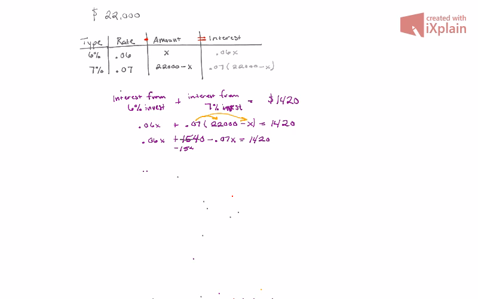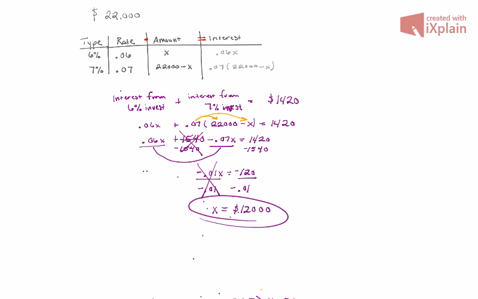Go ahead and subtract 1,540 from both sides. And we can also combine these two terms because they are like terms. So this is going to give you negative 1/100th times x is equal to negative 120. And then we want to undo that multiplication, so we will divide both sides by that negative 100th, and we will find that x is equal to $12,000.